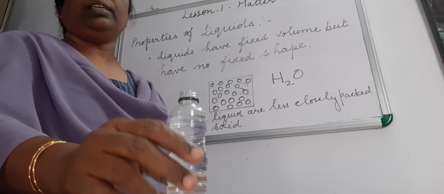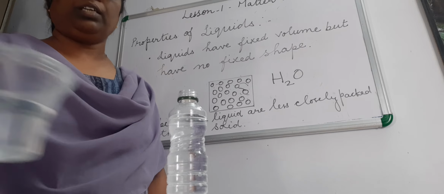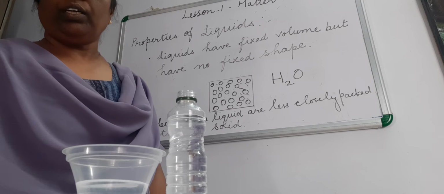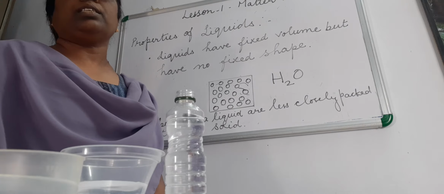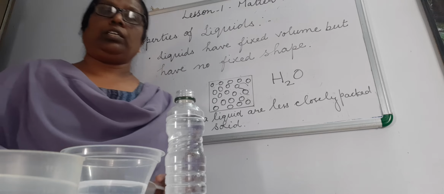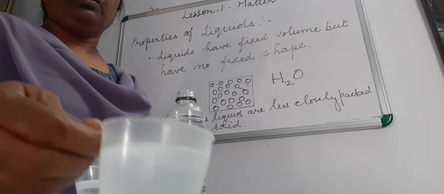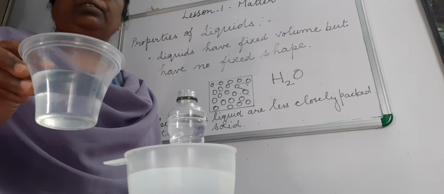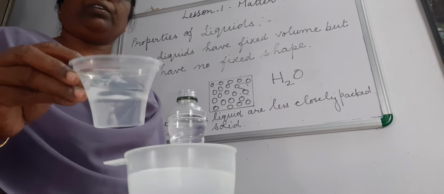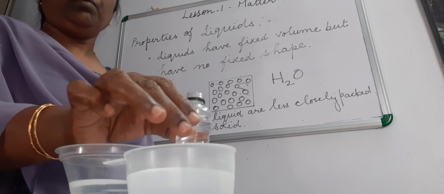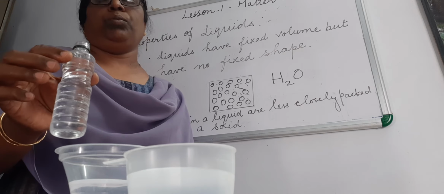To show that, I have taken different shapes of containers, but the volume of water in these containers is the same, 100 ml. You can see this container has a different shape and this container has a different shape, and the water takes the shape of the container, and the same amount of water poured in the bottle takes the shape of the bottle.